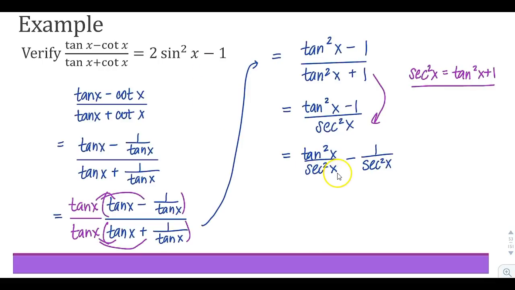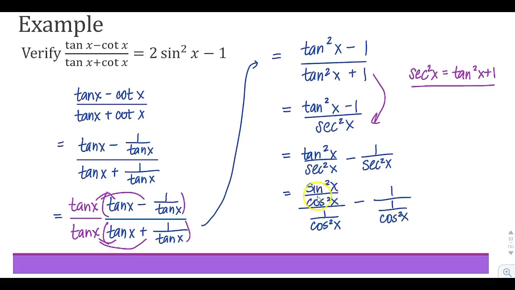And now let's go ahead and see what we have to work with. So I have tangent squared x, so that's sine squared x over cosine squared x over 1 over cosine squared x, and then minus 1 over cosine squared x.